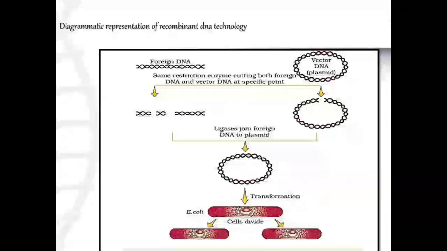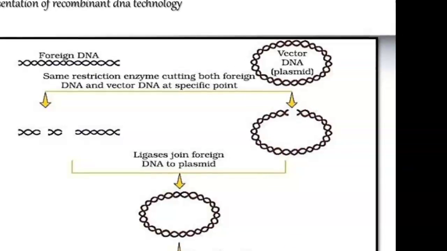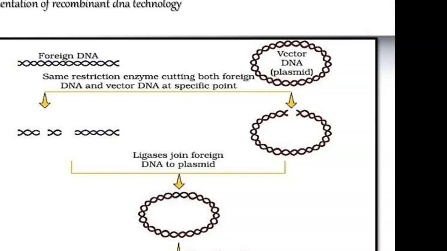This is a diagrammatic representation of the recombinant DNA technology. Suppose that here is the foreign DNA, we have to cut it into small pieces with the help of the molecular scissors, the endonuclease enzyme.